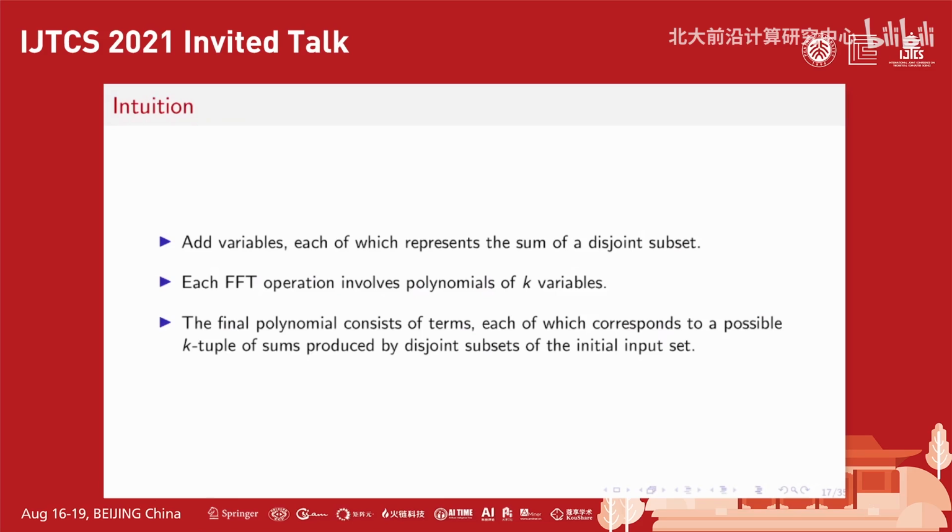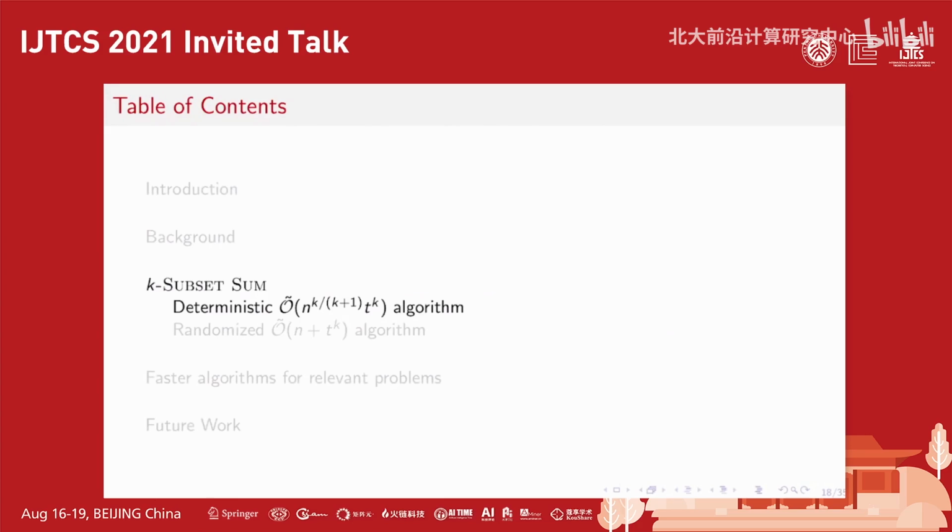Thus, each FFT operation will involve polynomials of k variables instead of a single variable, and the resulting polynomial of our algorithms will contain terms, each of which will correspond to a k-tuple, by which we mean a group of k sums, each sum corresponding to a subset sum, and all of these subset sums will be produced by disjoint subsets. Okay, we will first present a deterministic algorithm of this time complexity.